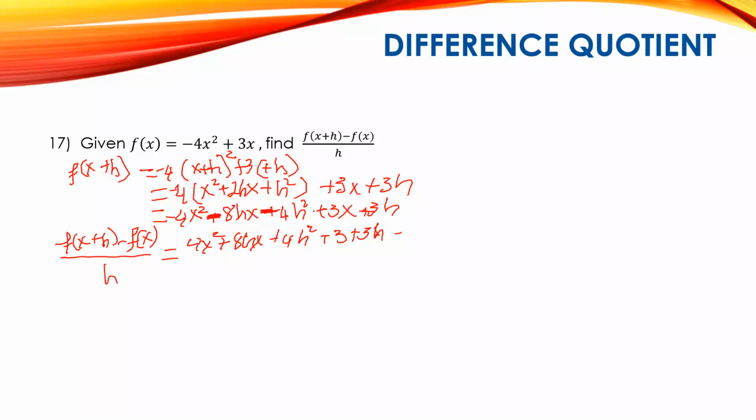Minus and minus will be plus. So I have negative 4x squared minus 3x, and everything will be over h.